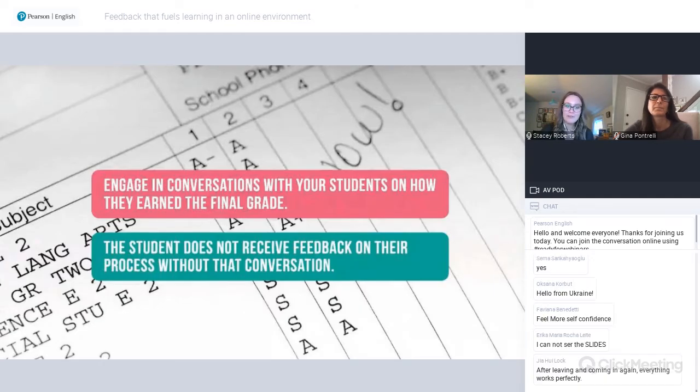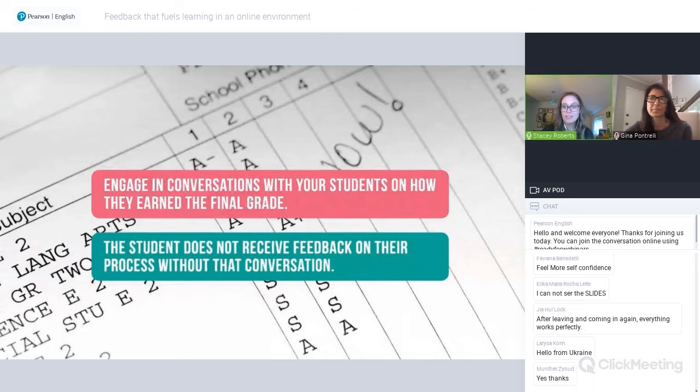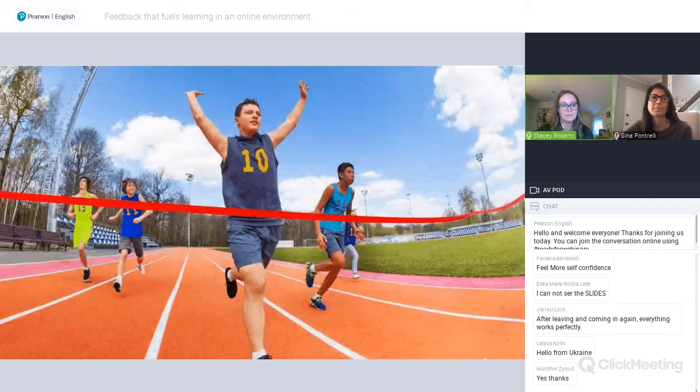So engage in conversations with your students on how they earned that final grade. When students receive a final grade with no explanation, they associate that grade with the product and then lose the feedback about their learning process. When meeting with students to determine a mutually agreeable goal for feedback, consider these two additional points.